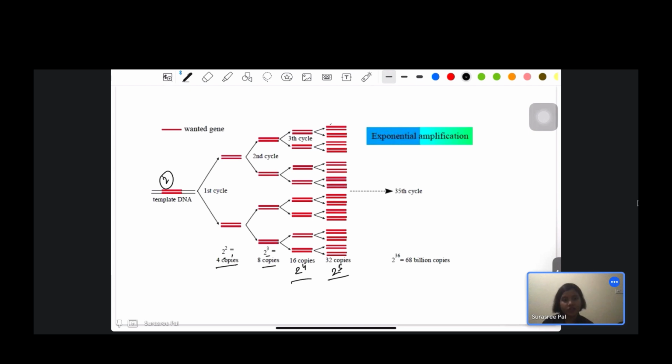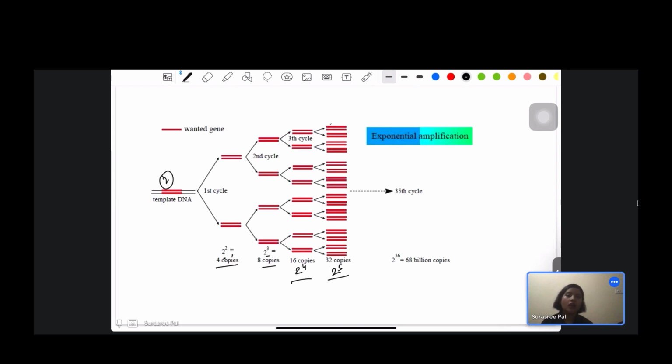This exponentially amplifies the DNA, and also it is extremely heat resistant. So when we heat the DNA samples at 95 degrees centigrade, this particular enzyme does not have any problem, right? It does not face any degradation.